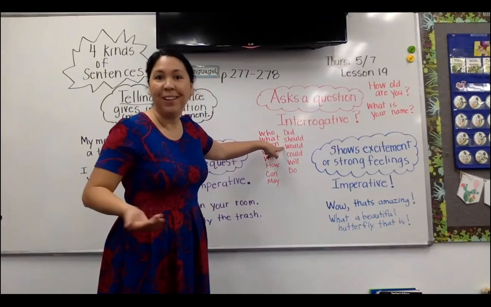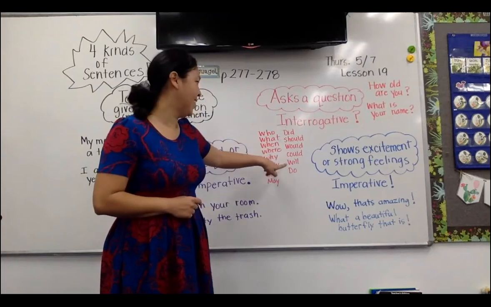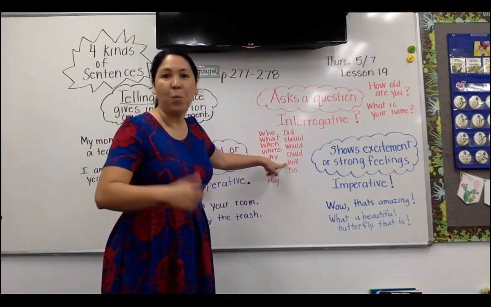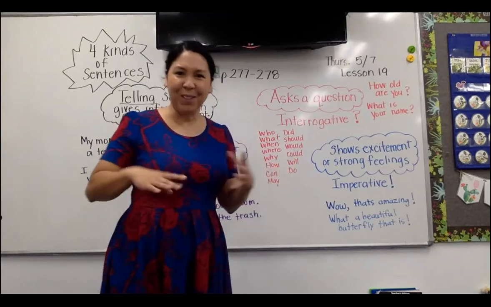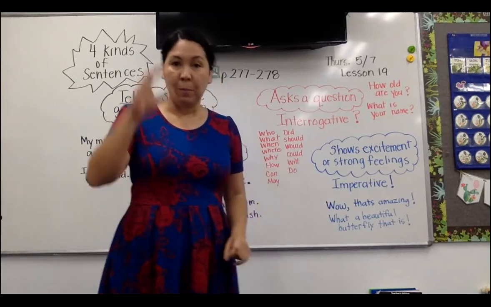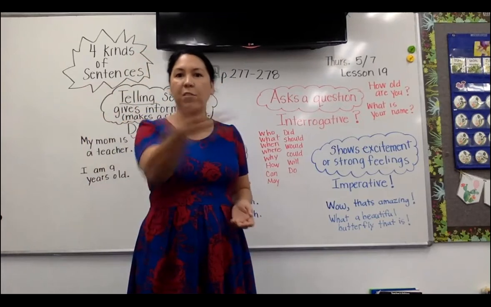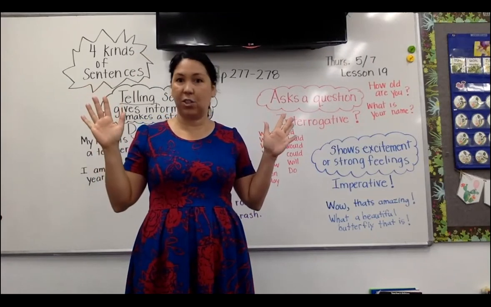Would you do it for me? Could you give me a hug? Will you open the door for me? Do you like school? See how all of those words ask questions? If you know the first word is a question word, you don't even have to read the rest of the sentence. If it starts with one of these guys, it's automatically interrogative.